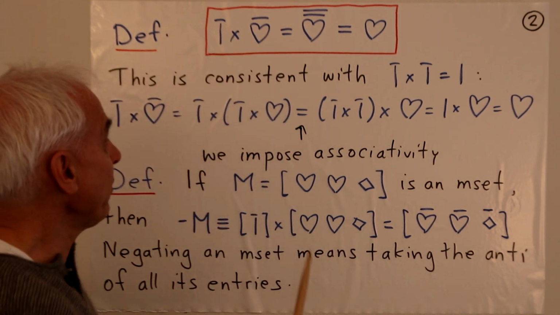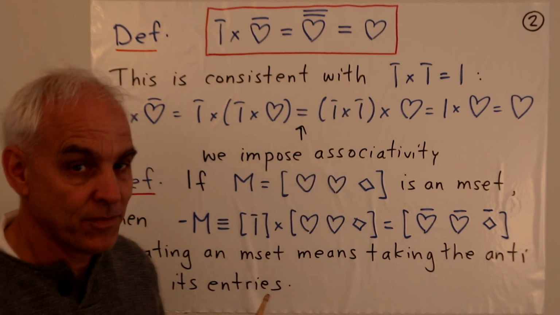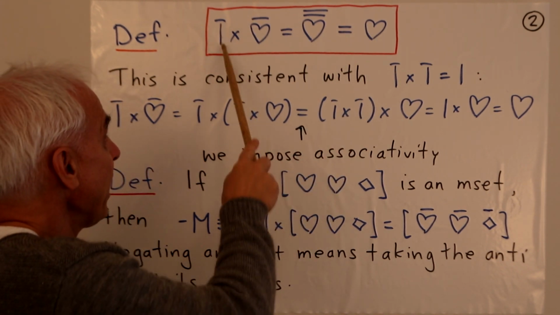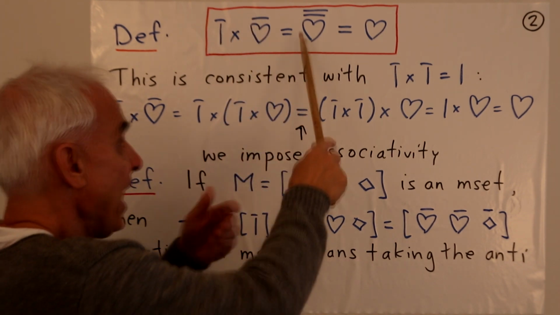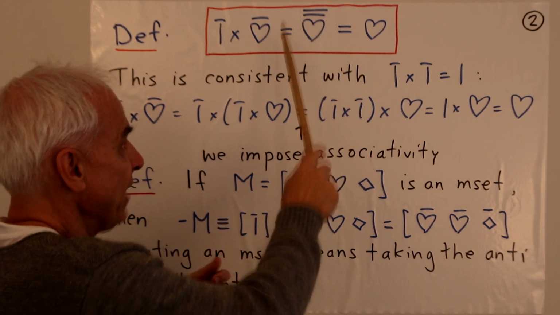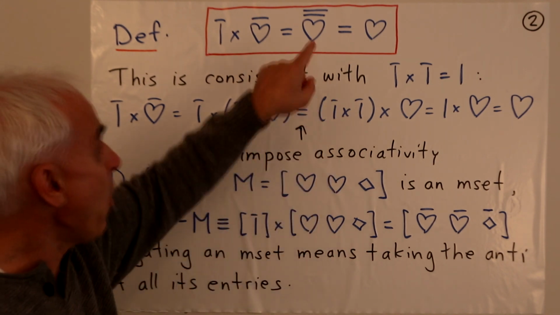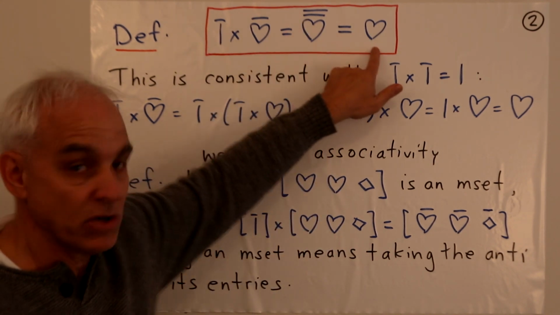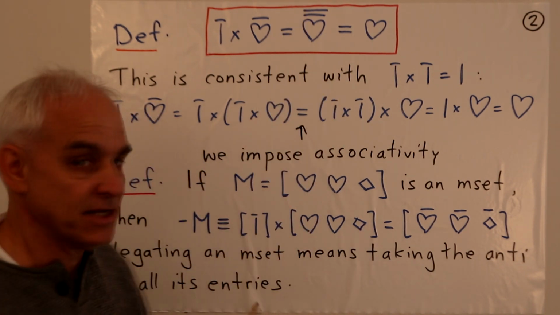We're going to say that when we take the anti of an anti, we get the original. In other words, if we take anti-mark times heart bar, which is the anti of the anti-heart, there's the heart, there's the anti of it, and there's the anti of the anti. We want that to be the same as the original object heart. So we're going to introduce this as a definition.